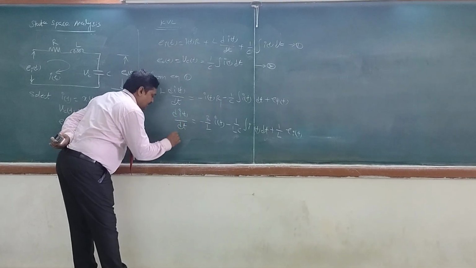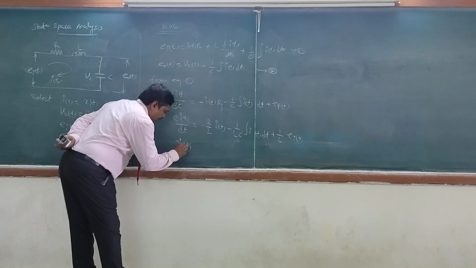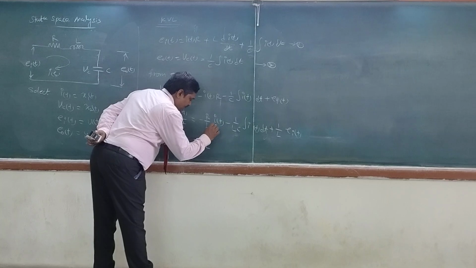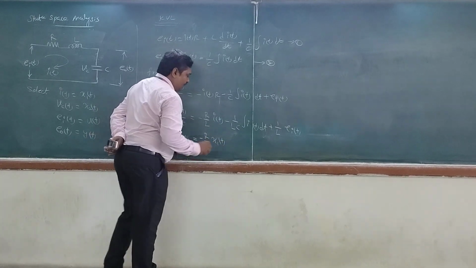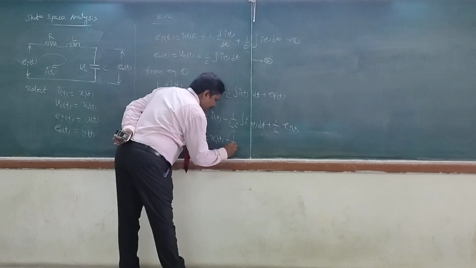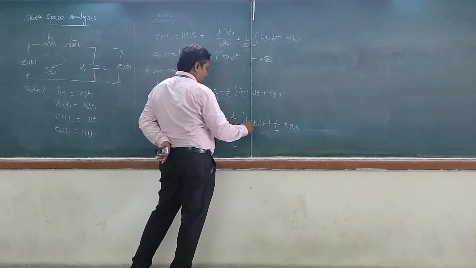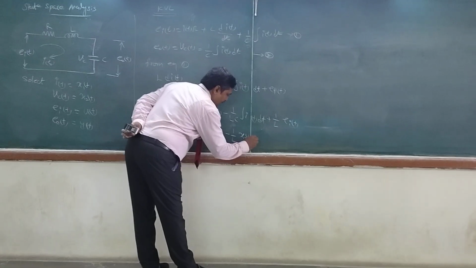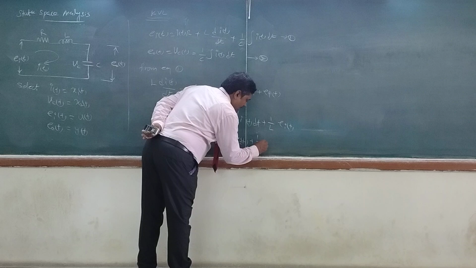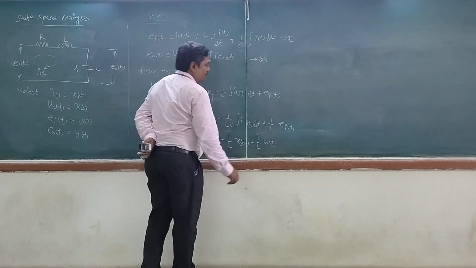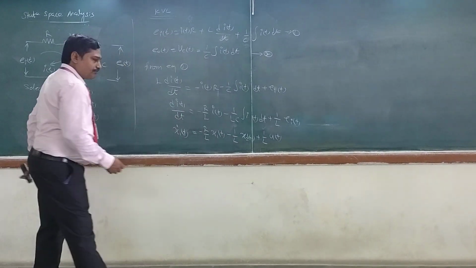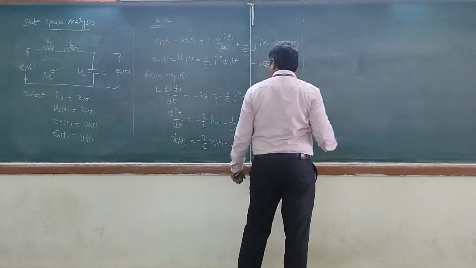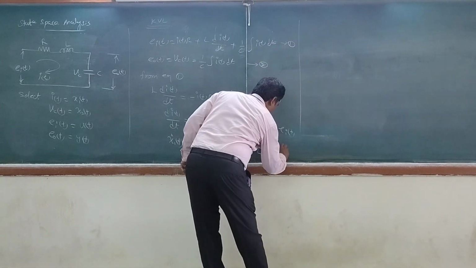So x1 dot, the first order derivative, is equal to minus R by L x1, the state variable corresponding to the inductor, minus 1 by L times 1 by C integral of i of t, which is nothing but the voltage across the capacitor, x2 of t, plus 1 by L u of t, the input. So this is equation number 3.